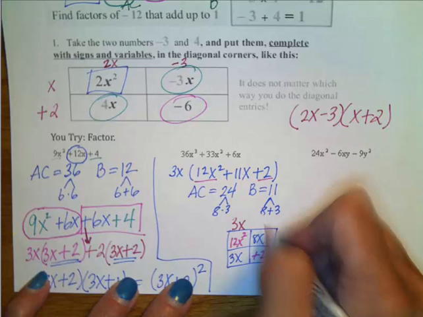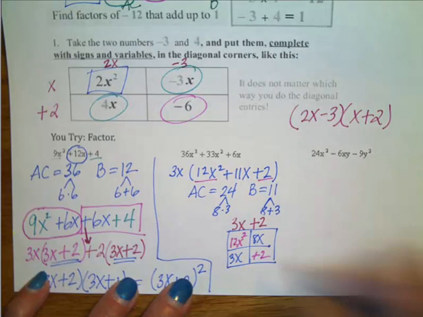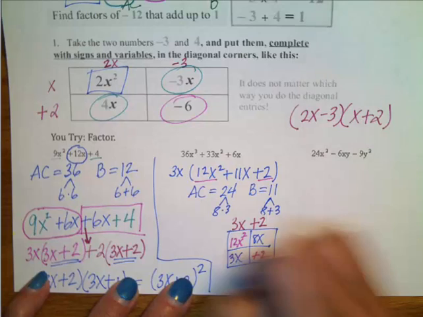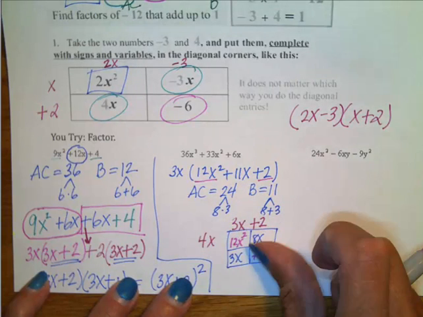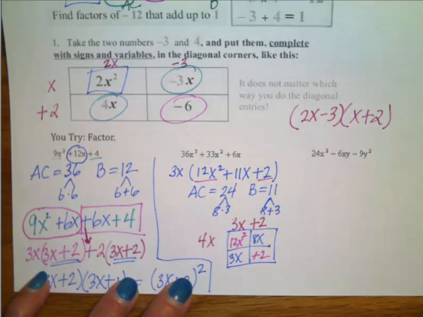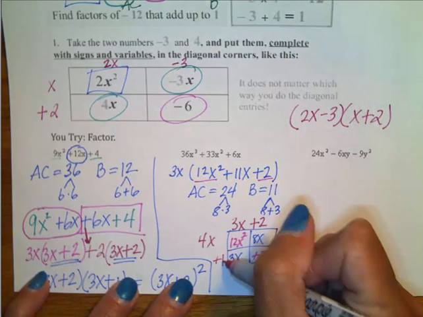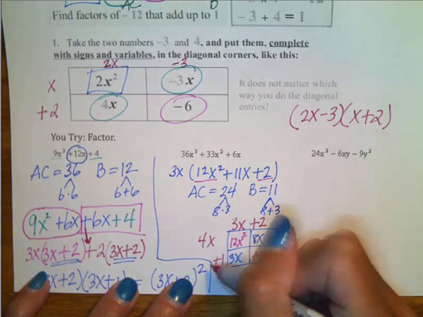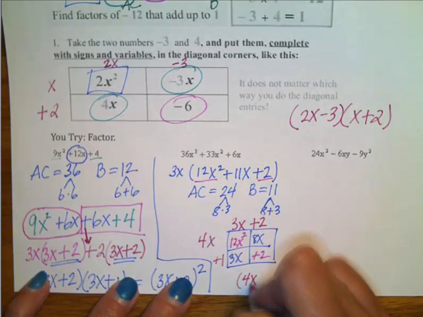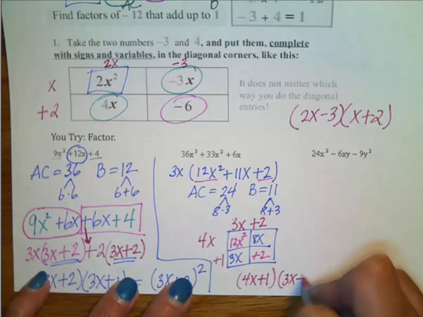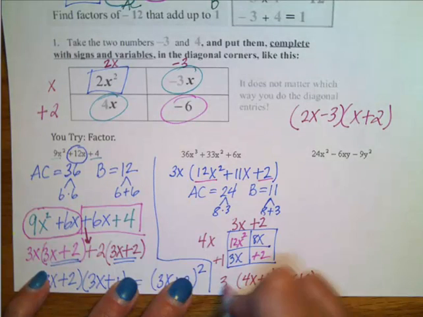We have a 2 and it's positive. We have a row, which is 4 and x. 3x times 4x is 12x squared. 4x times 2 is 8x. And then, nothing is in common. Well, they all have 1 in common. So a positive 1. So positive 1 times 3x is 3x. Positive 1 times 2 is positive 2. So my factors are 4x plus 1, 3x plus 2, and I need to bring down that GCF. Done.